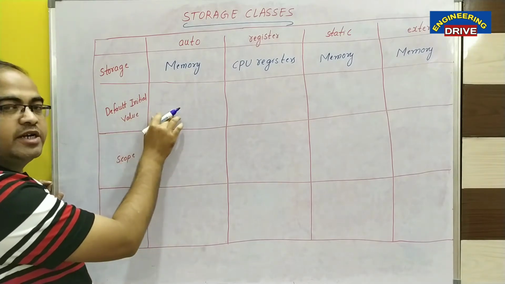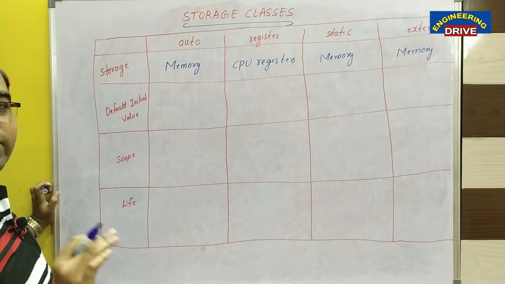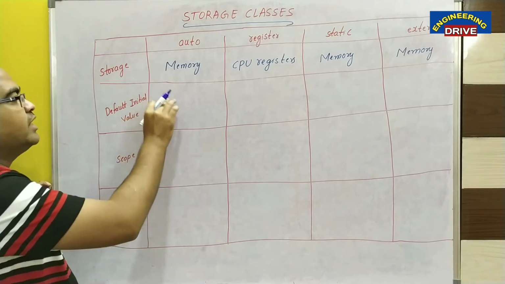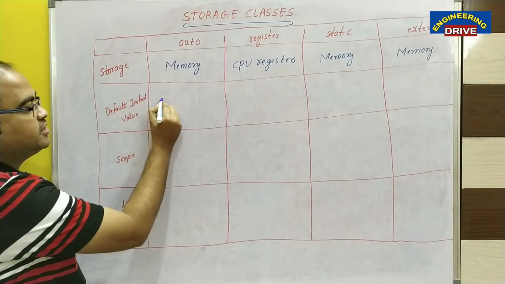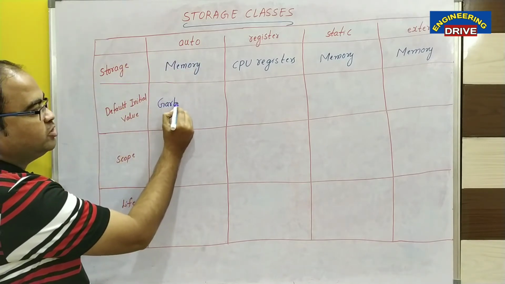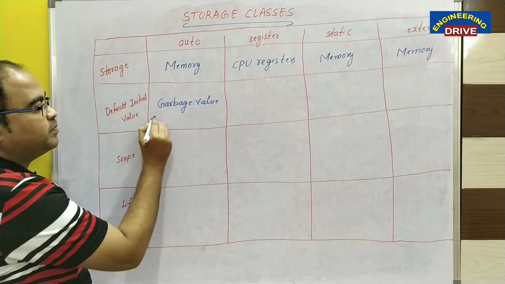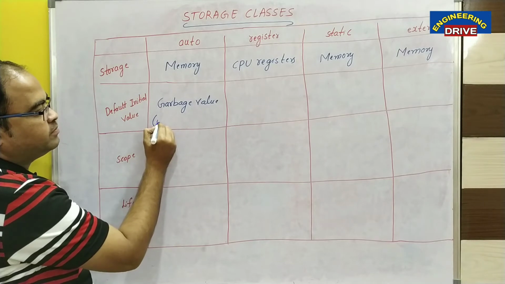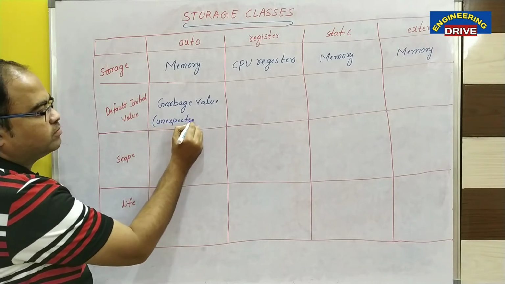Second thing, default initial value. If we don't assign a value to the variable, what default value will our computer take? If we declare the variable as auto storage class, then the default initial value will be garbage value. You know what is the meaning of garbage value? Unexpected or unnecessary output.